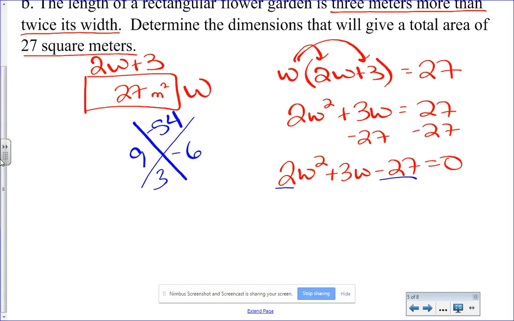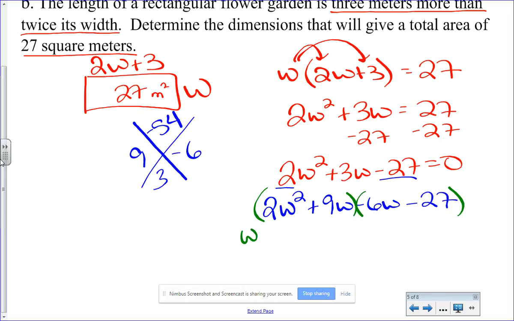Again, since that 2 is up front, we need to rewrite this using AC split. So the 2w squared will stay there. We're going to split this with the 9w and negative 6w, and then my c is going to stay the same. I can go ahead and make two groups. The only thing I can divide by in the first group is w.